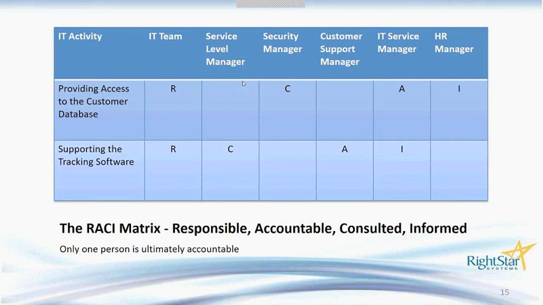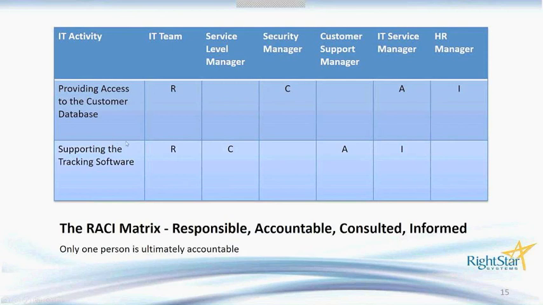The second thing I hope people learn and understand is the importance of communication. And this RACI matrix is not unique to ITIL, but it's certainly helpful to understand, first of all, in any process or activity, only one person is ultimately accountable.